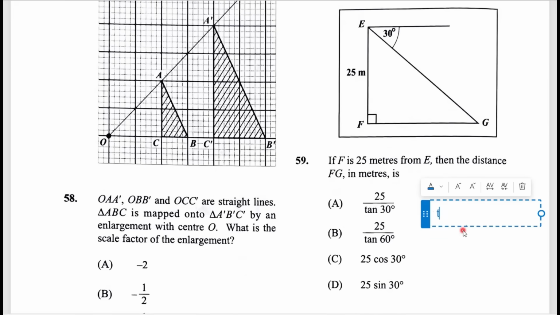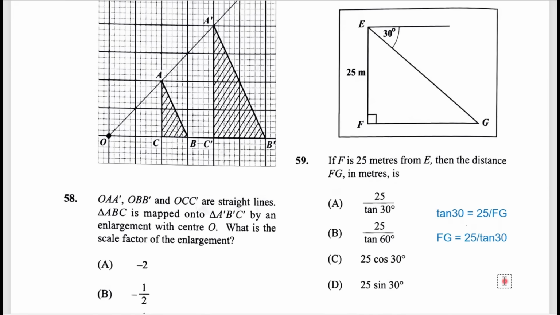Tan 30 degrees would be opposite, which is 25, over adjacent, which is FG. If I carry FG across and tan 30 below, I get FG equal to 25 over tan 30 degrees, which is E.